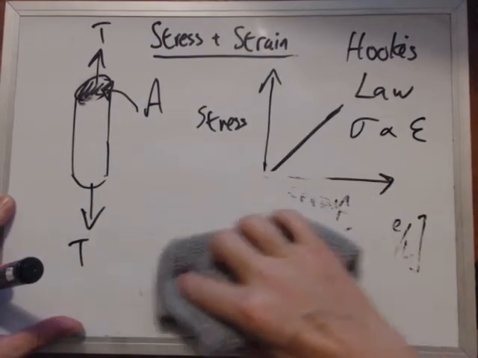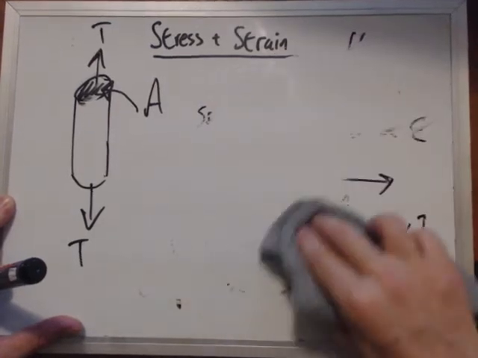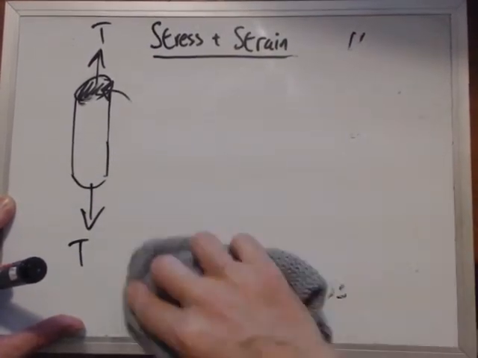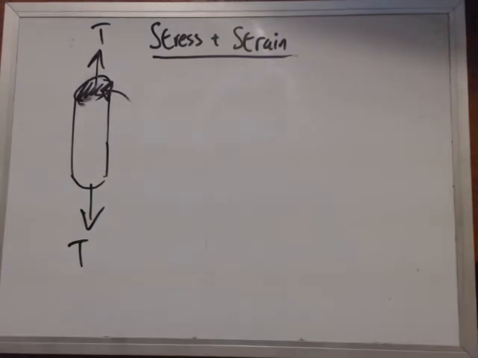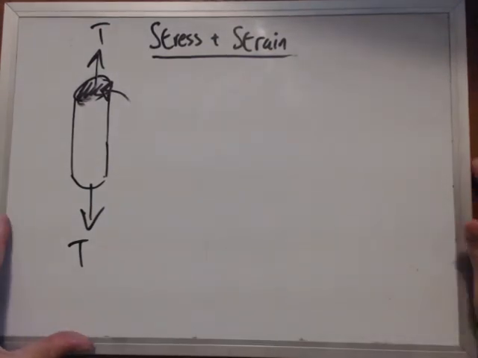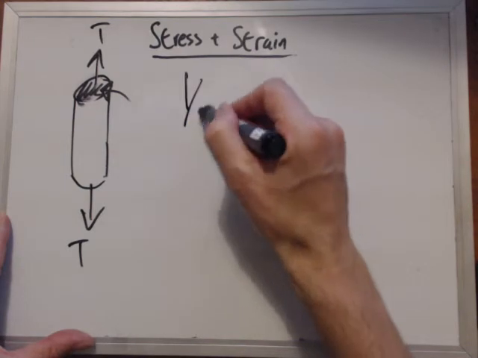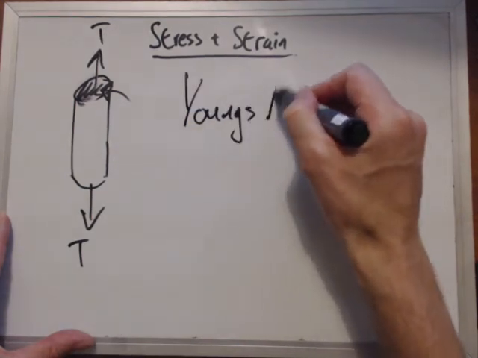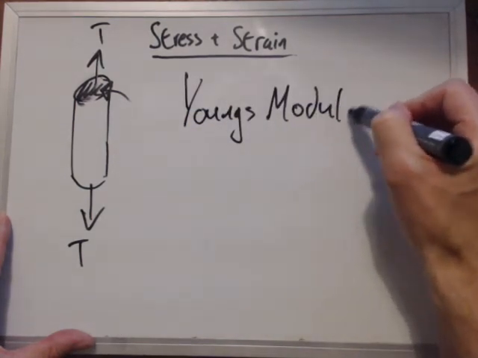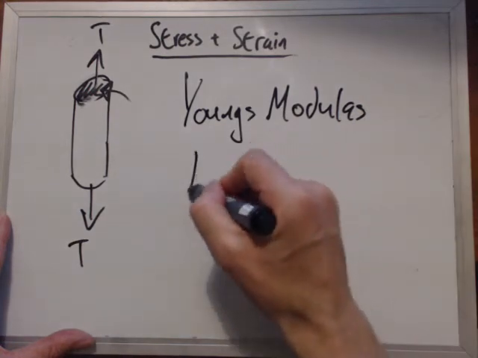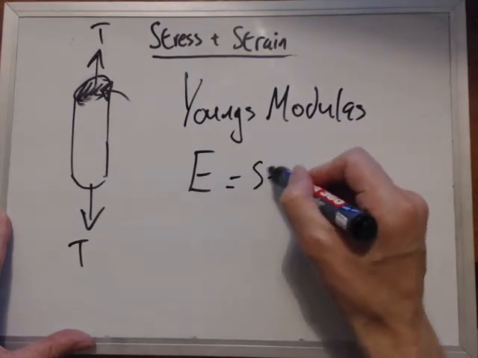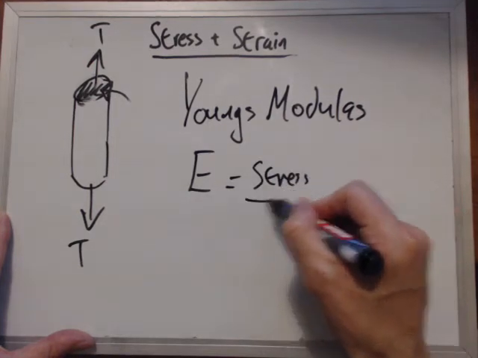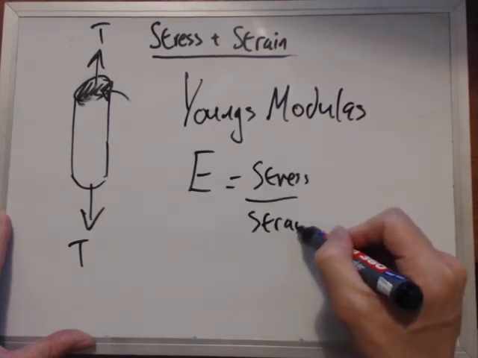Okay. Now we'll look at Young's modulus. So Young's modulus is given by the ratio of stress over strain for a certain material. So this is Young's modulus, and that is called E, is equal to, for a certain material, the stress divided by the strain.